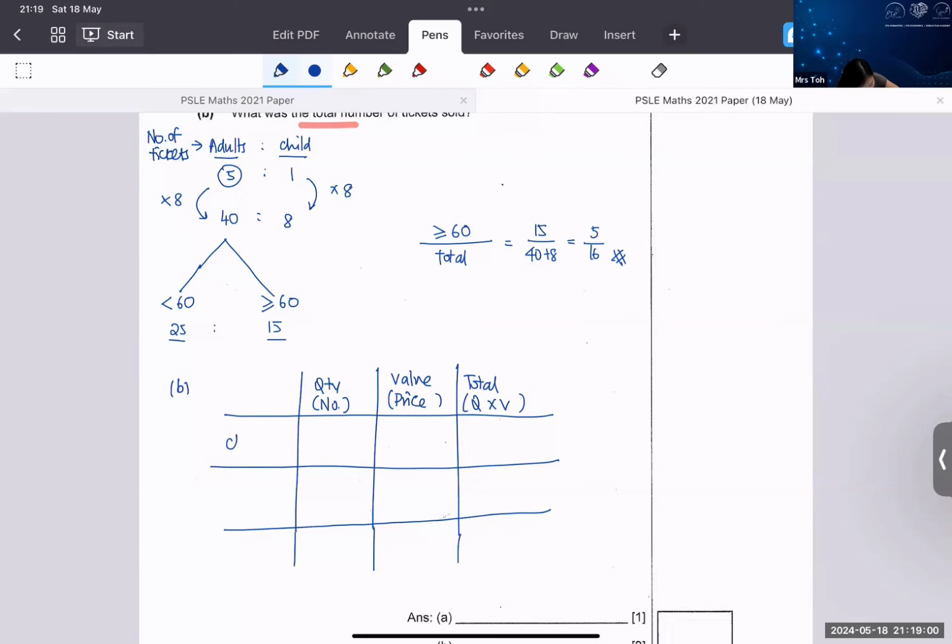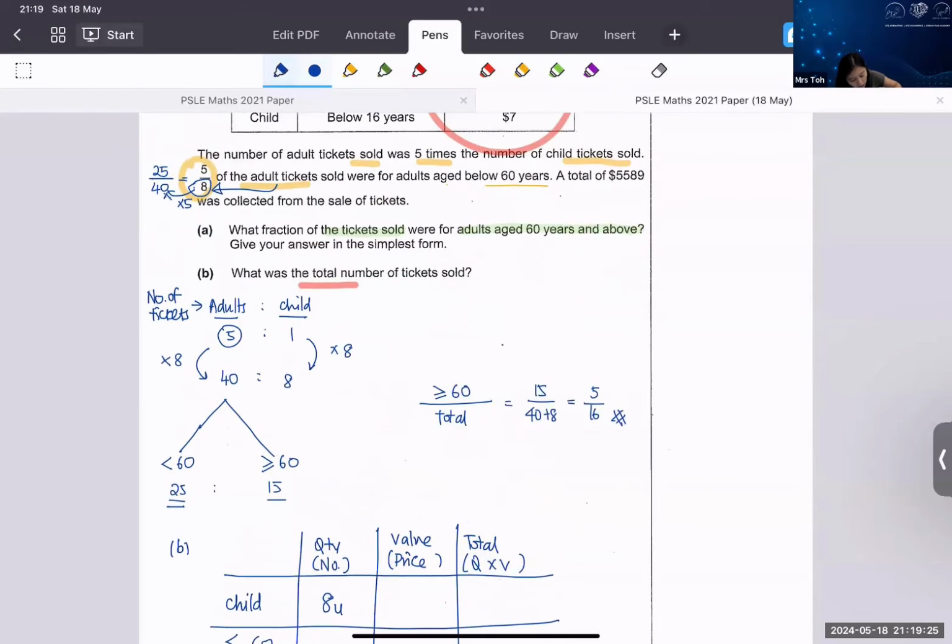Number 1, child. Number 2, adults that are less than 60 years old. Number 3, adults that are 60 and above. So now we already have the units. Child is 8 units. Less than 60 is 25 units. 60 and above is 15 units. You have all this information, you should make use of it.